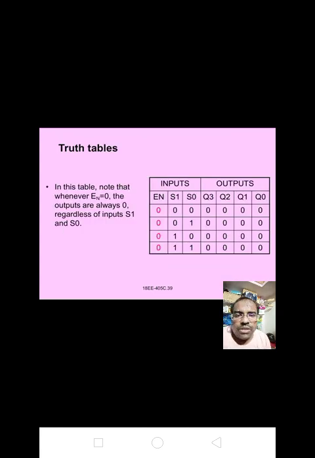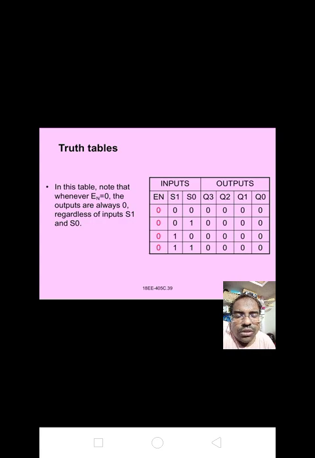Next, truth tables. In this table, note that when enable equal to 0, the outputs are always 0 regardless of input S1, S0. See, here an extra input is there, that is enable.